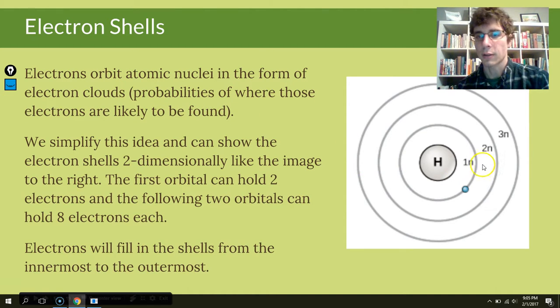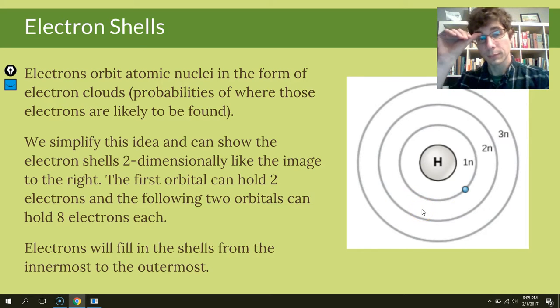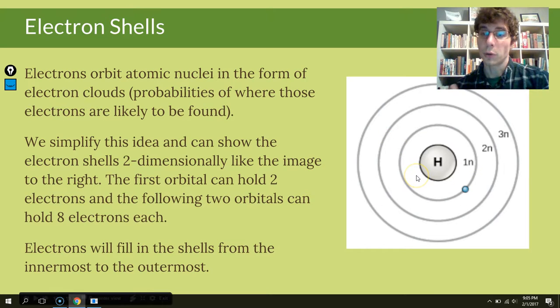If for some reason a third electron were to come in, it would go up to this second energy level and orbit there. So this first energy level can only hold 2 electrons, the second one can hold 8, and the third one can hold 8. It turns out that most atoms want to have their outermost orbital full. We're going to take a look at this concept in a second.